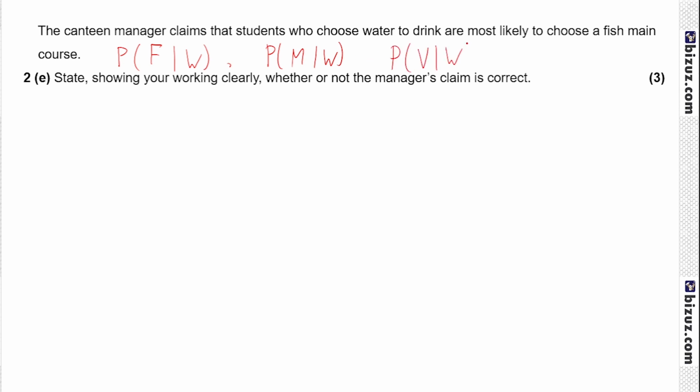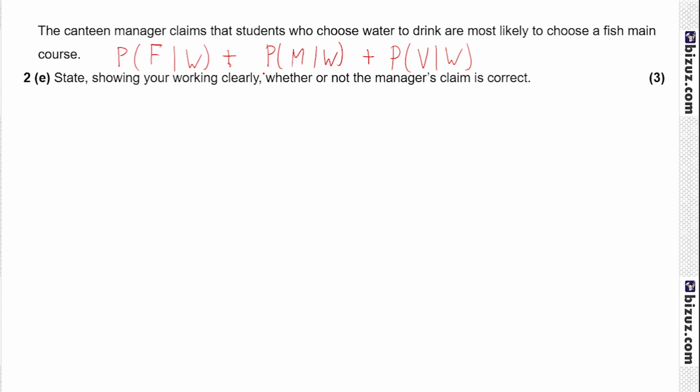So V given W. And since these all are based on already having chosen water, they come from the same point, you could say, if you draw that type of tree diagram. The sum of them has to be equal to 1. Given that we have already chosen water, we could possibly choose just one of these three, and the sum of these has to be equal to 1.